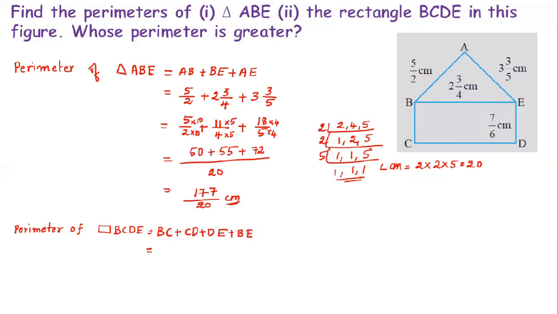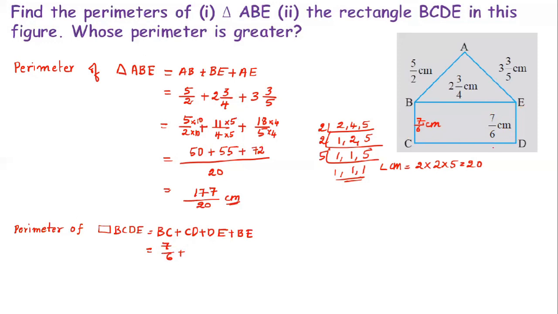So BC is equal to, we don't have the length of BC. In a rectangle, opposite sides are equal. Look at the opposite side, that is DE. That is equal to 7 by 6 centimeter. So the length of BC is 7 by 6 centimeter. Then CD.